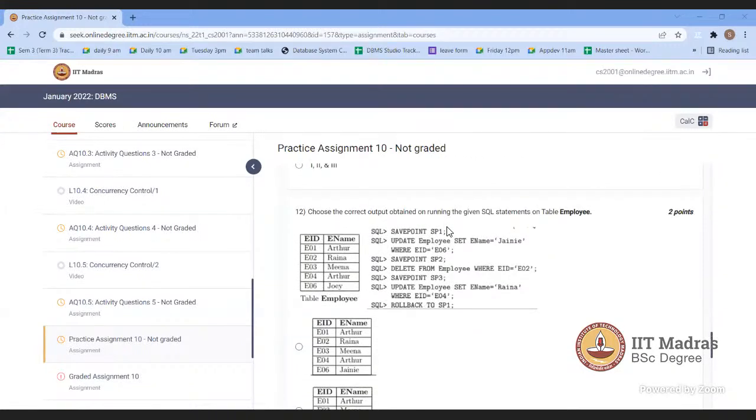Yes. Okay, see. First SQL savepoint sp1, then update employee set name Jenny where EID equal to E06.